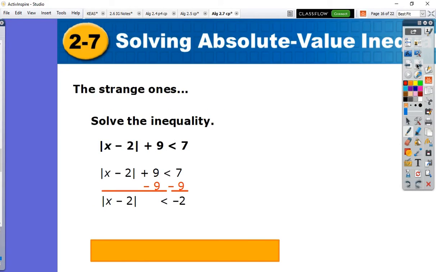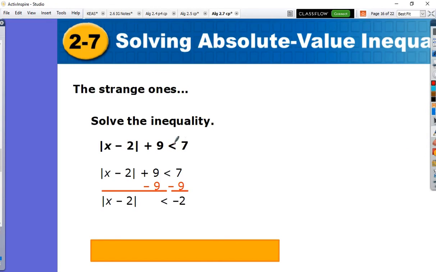Let's take a look at this one. Here we have the absolute value of x minus 2, plus 9 is less than 7. So we start solving this. We cancel out the 9, minus 9, and you have the absolute value of x minus 2 is less than negative 2.